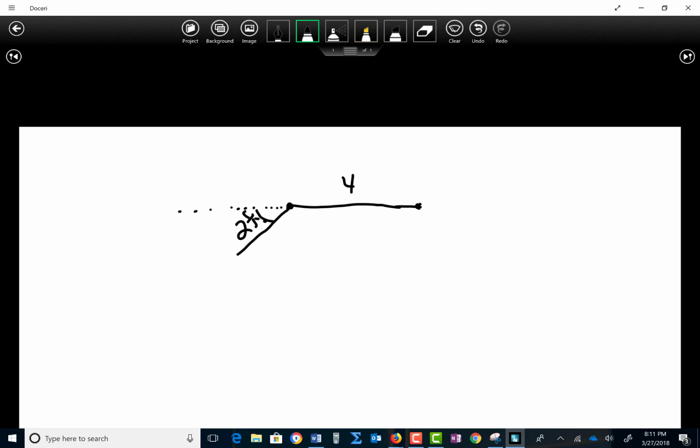So that means that if this person went directly to the west and then turned and went southwest, if this is 90 and this is 45, then this big angle here would be 135 degrees.